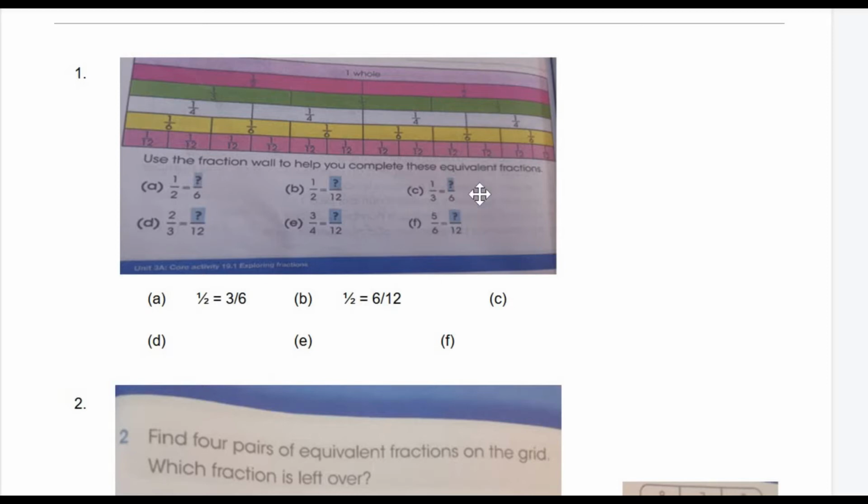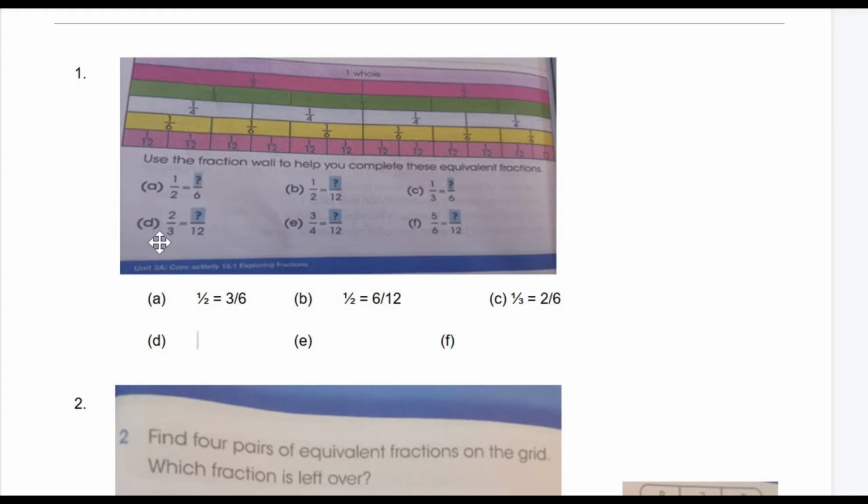Whatever we are doing to the top, we should do it to the bottom as well. So 2 times 1 equals 2, and 2 times 3 equals 6, yeah? So because we already have 6, we just multiply 2 by 1 and we get 2. So 1/3 equals 2/6.